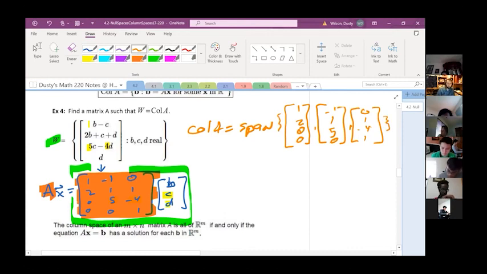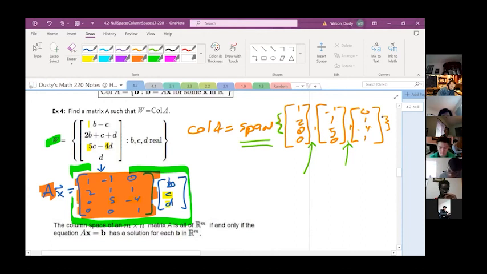You'll notice that we're going to separate out, if we're talking about span, since you have span here, we're going to have commas in between the vectors, and you could use either curly braces or normal parentheses.